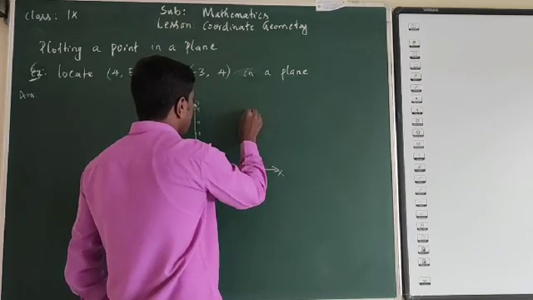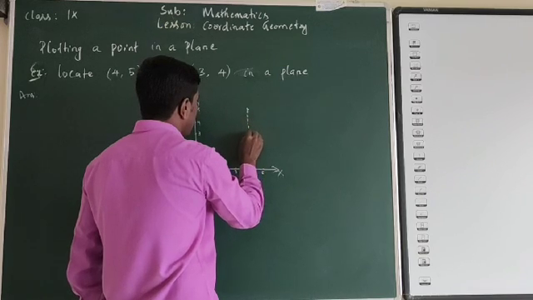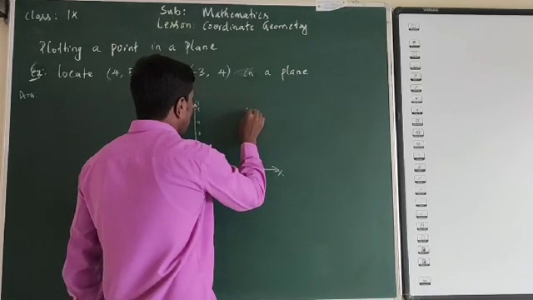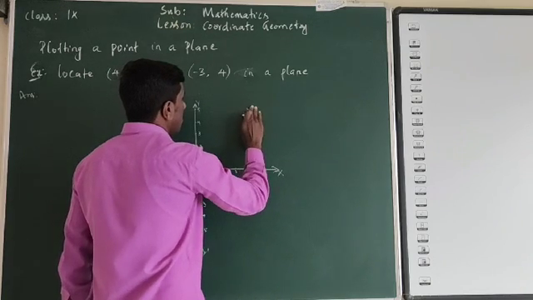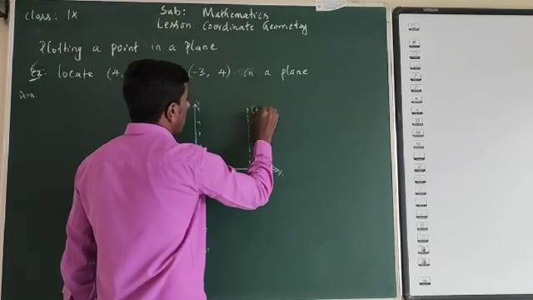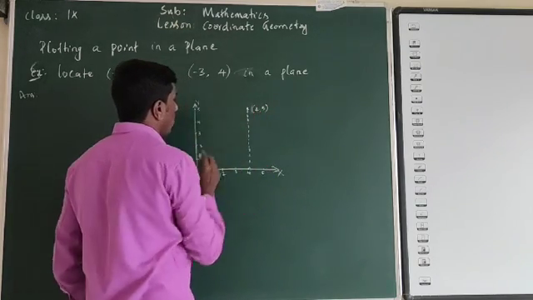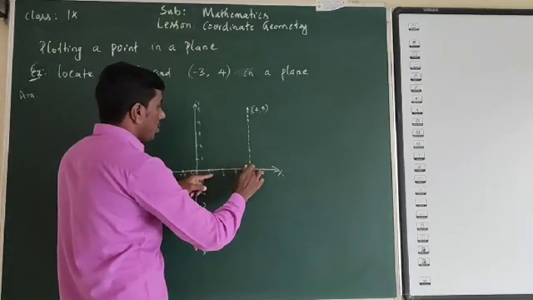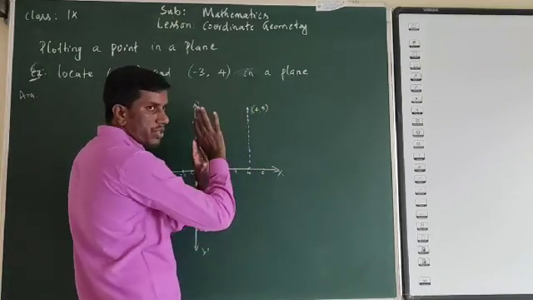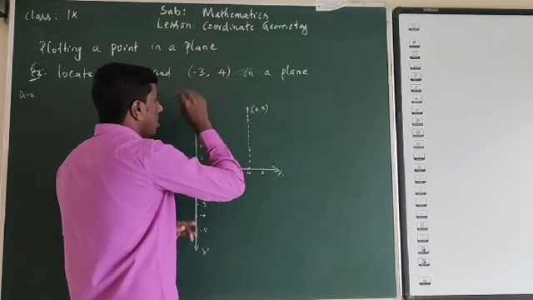This is the point (4, 5). So what you need to do? For (4, 5), along the x-axis go 4 units, along the y-axis go 5 units. That's it. You will be locating the point.